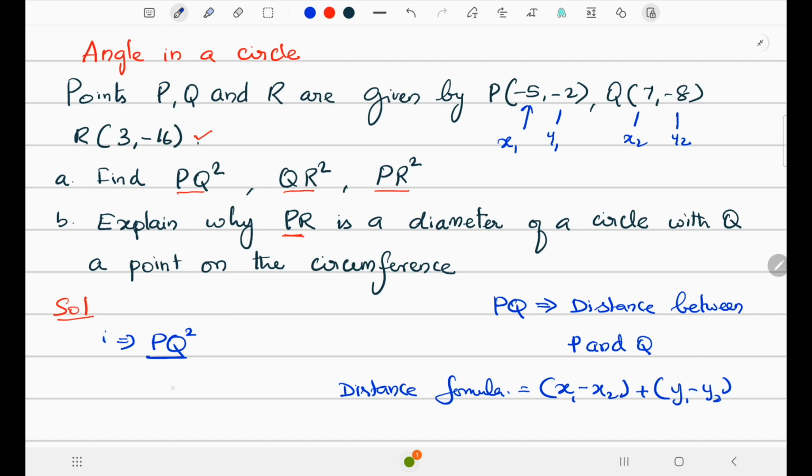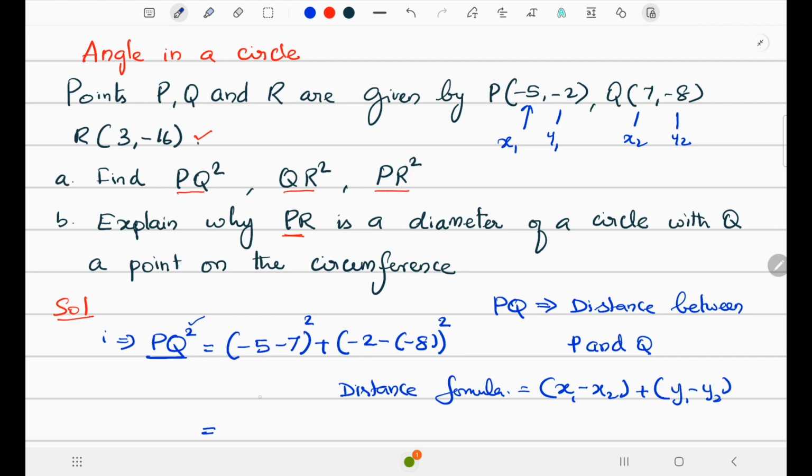Now the distance between P and Q is x1 minus x2 plus y1 minus y2. Okay, now it is this square, right? So make it square, because we need to find the square of the distance, so square it on both sides.